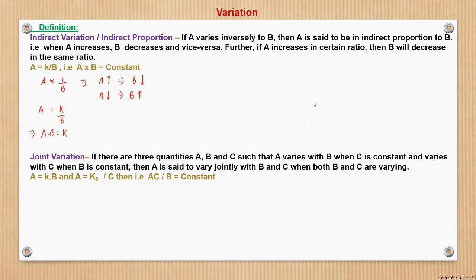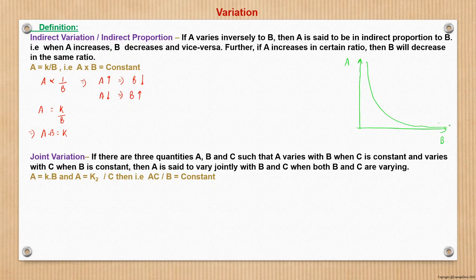So what could be the representation of this? If b decreases a will increase, so start from here, and if b increases a will decrease, so it will end somewhere here, right?